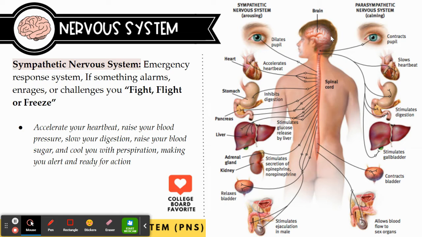Glucose is going to be released from the liver, and epinephrine or norepinephrine will be released. We're not going to go into the bottom part, but you can read that there. So when fight or flight happens, your heart rate rises, your blood pressure rises, your digestion slows down, your blood sugar rises, and you're cooled with perspiration. Those are all things that help you get your body ready to be more alert.